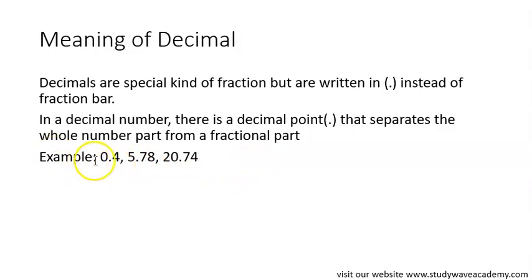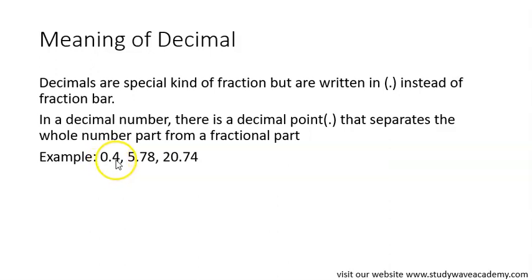Okay, so these are examples of decimals: 0.4, 5.78, 20.74. These are decimal representatives. As long as you see a number with a point, it's called a decimal.